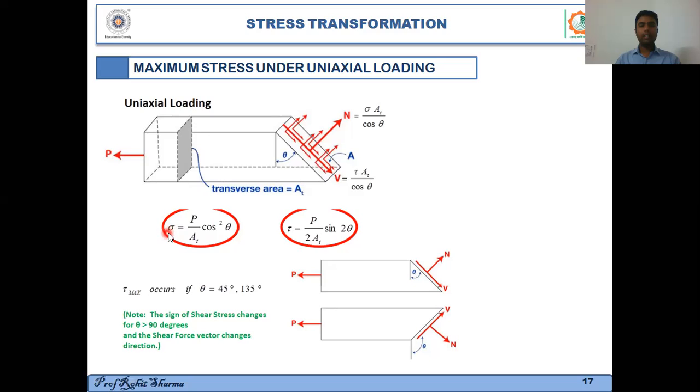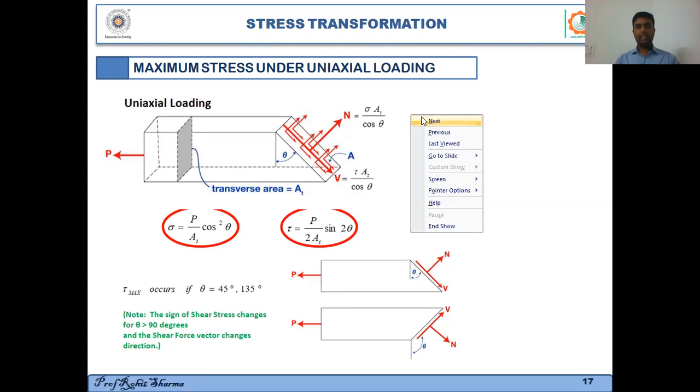So sigma will turn out to be P by 2A. So normal stress is not 0 when the shear stress is maximum, but shear stress is 0 when the normal stress is maximum. This is one of the important takeaways from this part.